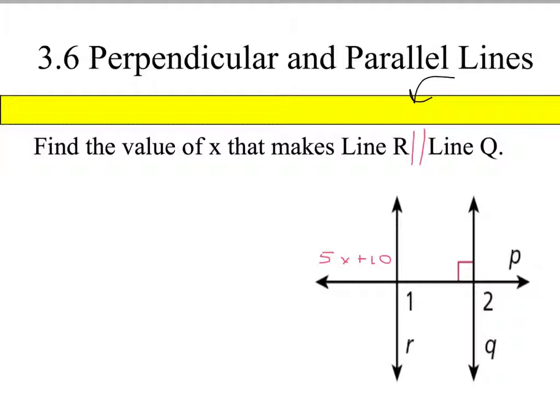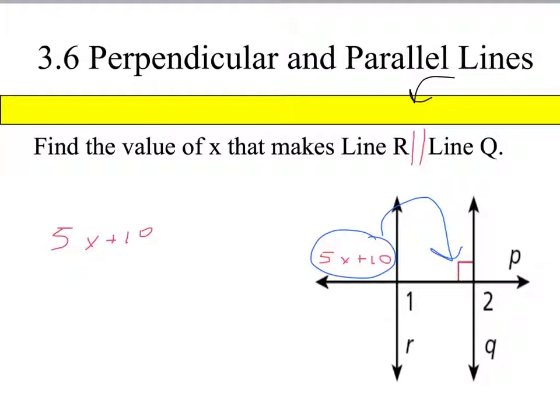Alright, so in order for us to set up an equation that would allow us to find the value of x, we are going to put 5x plus 10, and make this equal to that angle. Now, why would we do that?